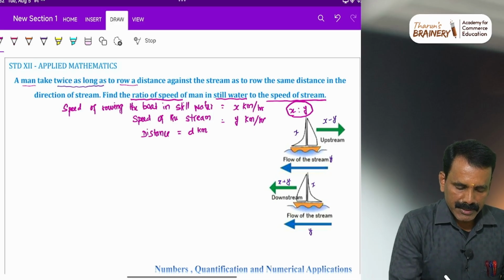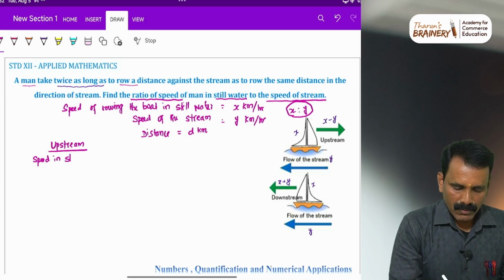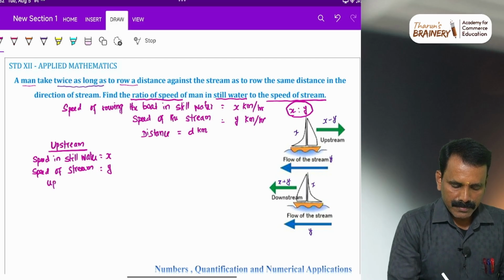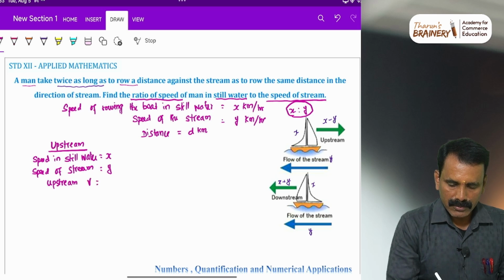So, calculation for the upstream. Speed in still water x, speed of the stream y kilometer per hour. So upstream speed is v equal to x minus y.